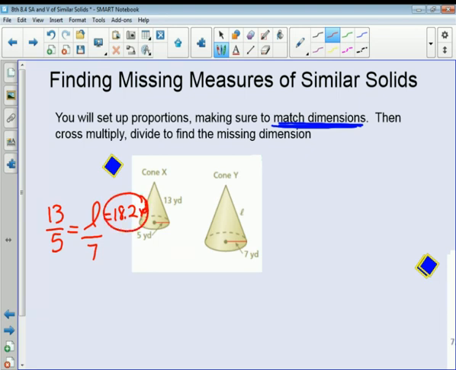Okay, so I found out that my slant length there, which is what that little L represents, a slant, is 18.2 yards. Okay, I set it up as slant length over radius. So I was missing my slant length on my bigger one, but my radius was 7, and then I cross multiplied divide. Most important part, make sure that you're matching dimensions and then using that cross multiply divide method.